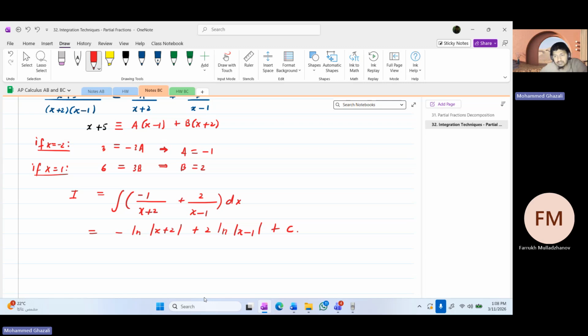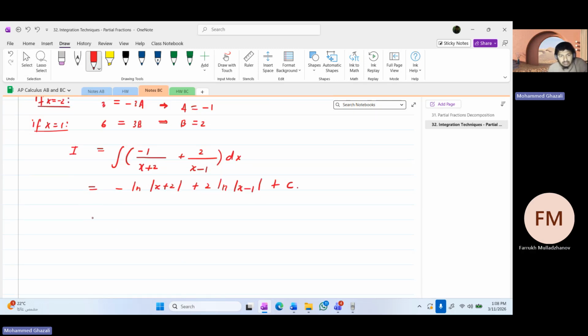Are we good, guys? You understood this? Easy. You can combine this into a single log. So you can also write this out as ln of absolute value of x minus 1 all squared divided by x plus 2, plus c.